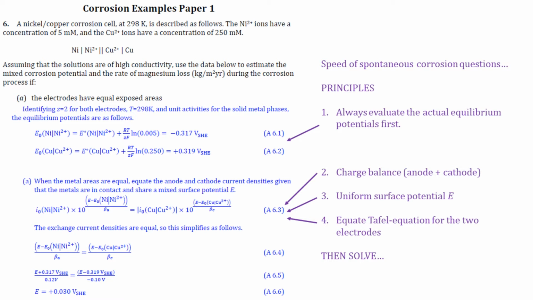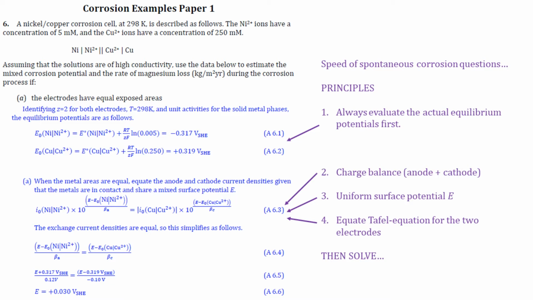It's only for cases like dissolved oxygen that it's important to know from memory that it's likely to be diffusion limited. In the case of these two metals, we're applying the Tafel equation, we're putting together these principles, and we're getting equation A 6.3, and then all we need to do is solve algebraically.